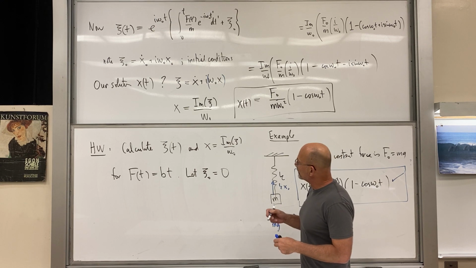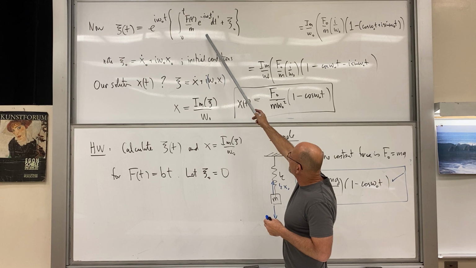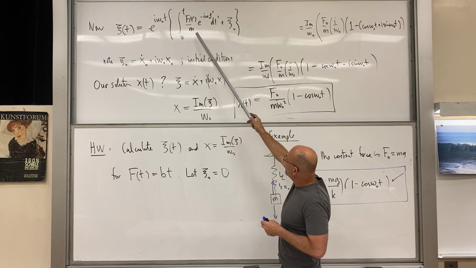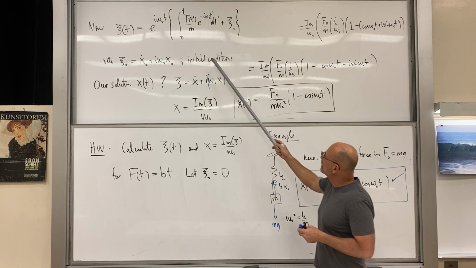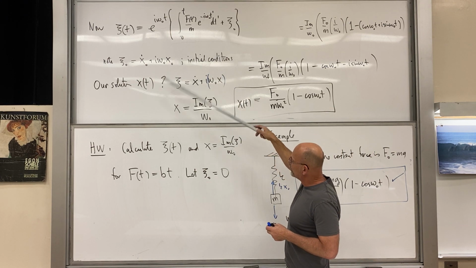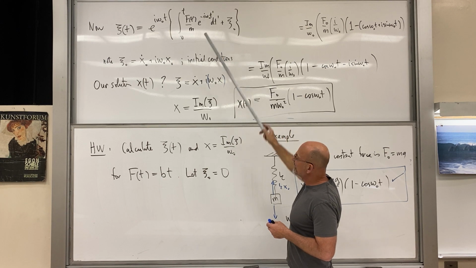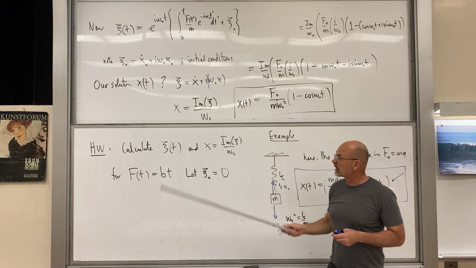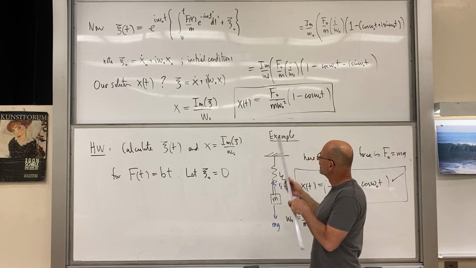And here's what you have to do. When you calculate this integral, instead of a constant, now you have a t, b times t. So f is b times t. What you're going to have to do is one integration by parts, okay? But otherwise you treat these things carefully the same way we did.